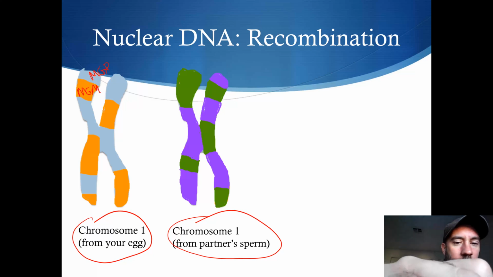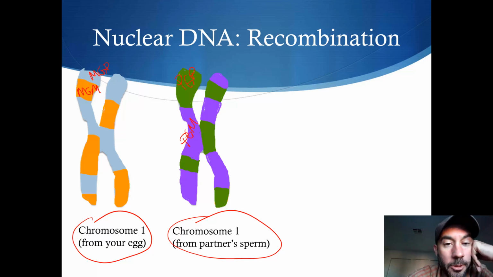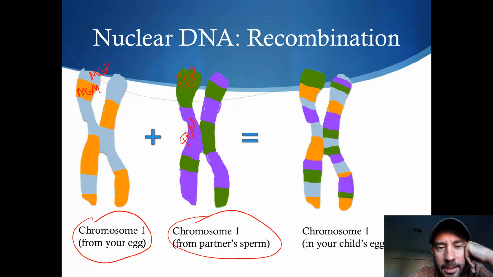And here, let's say this is the paternal grandpa and the paternal grandma, right? Well, those shuffle up as well. So then you get something like this in the next generation. Okay, so this is why you're not identical to your siblings unless you're twins. Because each time the shuffle happens, it's random.